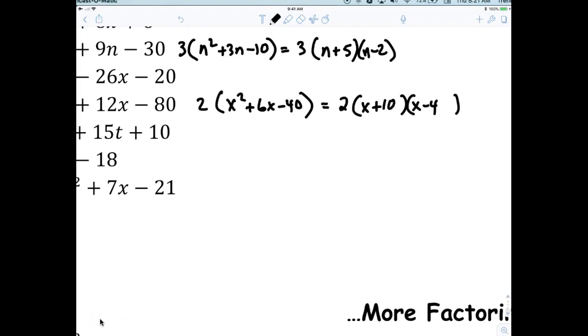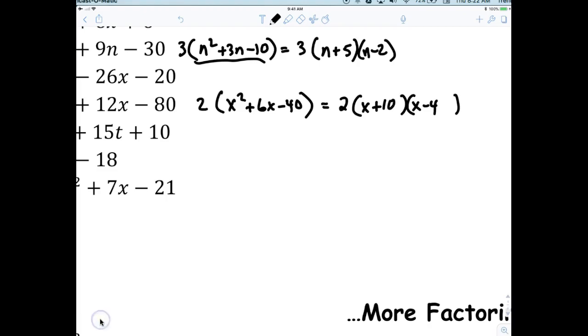Yes, sir. Good. I understand that on the previous problem, I understand how it works out, the smiley face stuff. But how did you get the n squared plus 3n minus 10? No, the next one. Okay, so what you do is you say n squared.